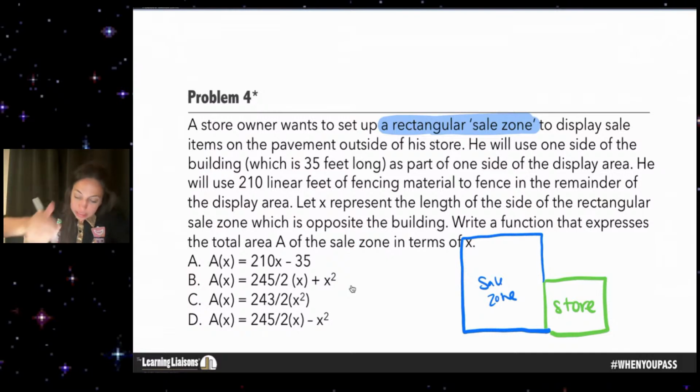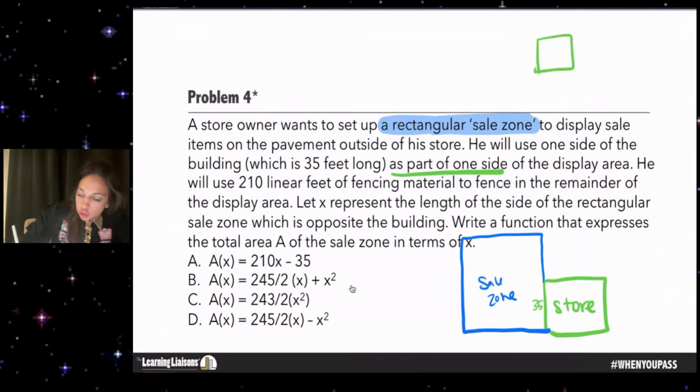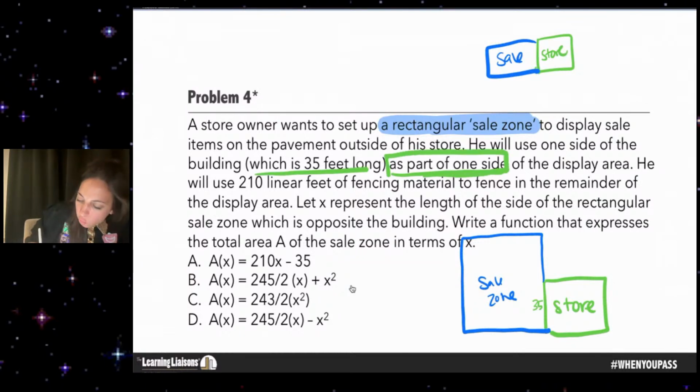He will use one side of the building, which is 35 feet. So this is 35. As part of one side. So the reason I knew not to do store and then sale zone was because it said that one side of the building, which is 35 feet long, was part of one side of the display area.